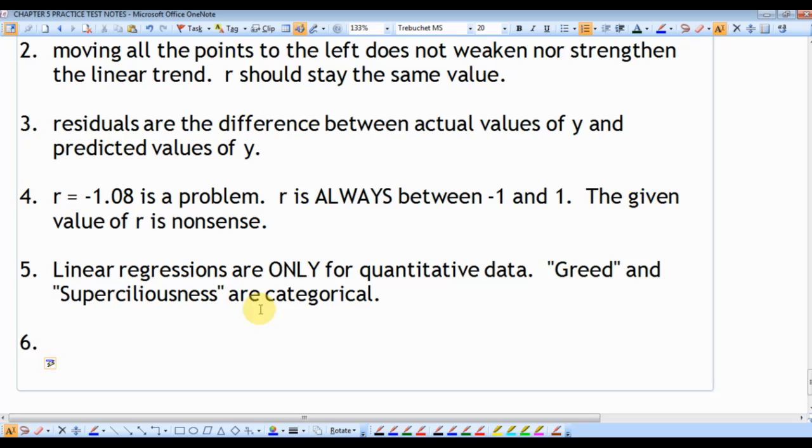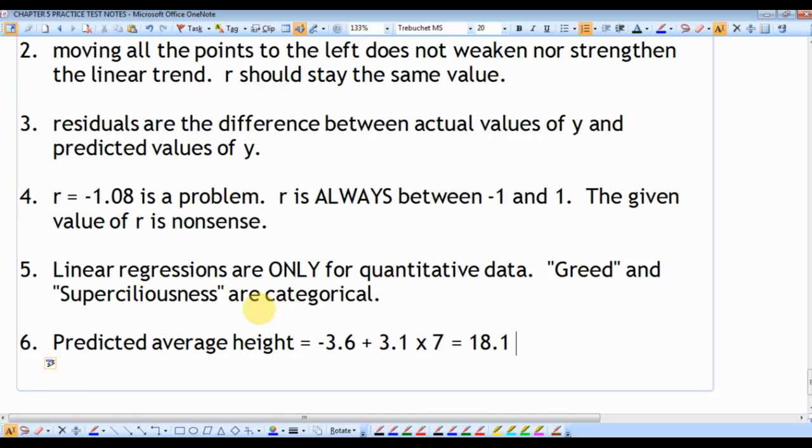So predicted height, average height, is going to be equal to negative 3.6 plus 3.1 times, we're just throwing 7 in there. That gives us 18.1 inches, yeah? Not a whole lot to do there, right?